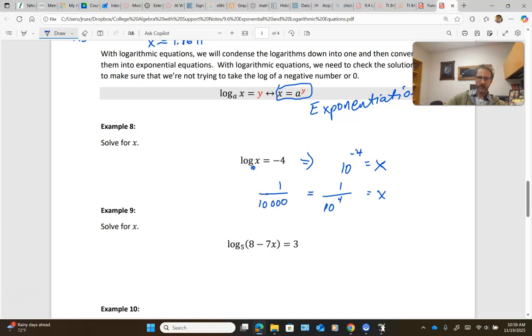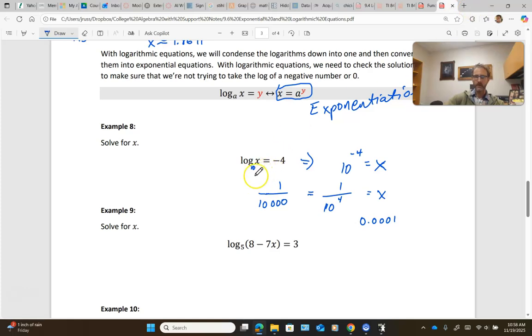Okay, 10 to the 4th is 10,000. So this is my answer right here. Now, if you want to convert this to a decimal, that's fine. It would be 0.0001. This is not an irrational number, by the way. This is a rational number because it's a fraction.